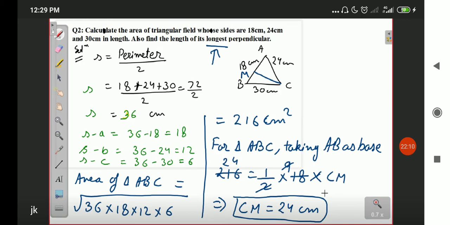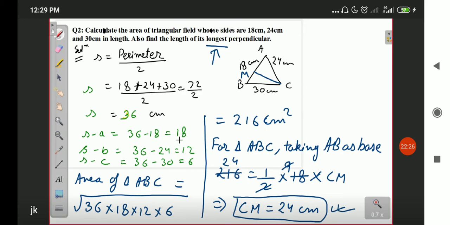Now you can easily see here that this 24 is also one side of the triangle, 24 centimeter. So you can conclude that the diagram we drew earlier was wrong.